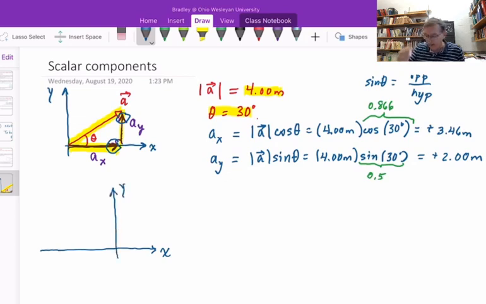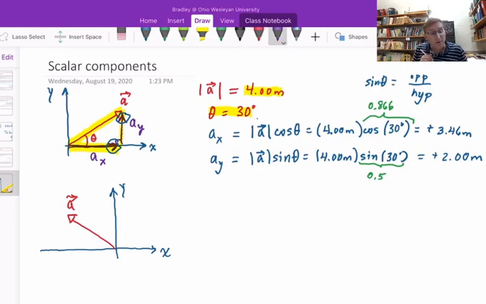And now let me draw the vector A. It points like this. Points into the second quadrant. All right, now we have to be able to draw the components.